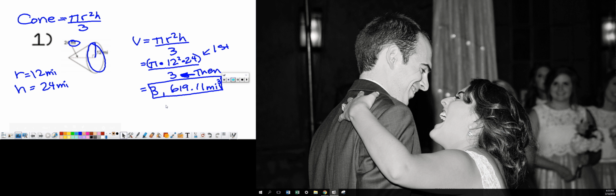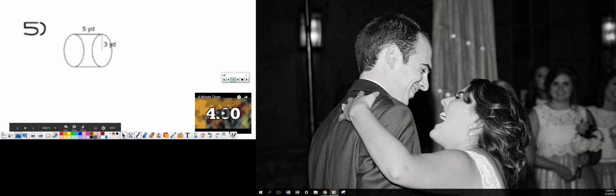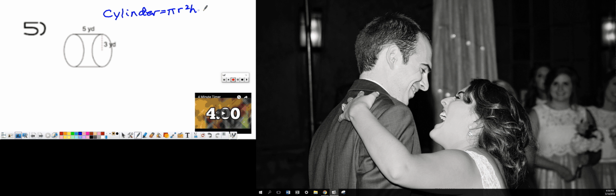Okay? All right, now let's look at a cylinder. So same thing here. We're going to use the cylinder formula. Okay? And the cylinder formula is pi r squared h, not divided by 3 because it's just the full thing. My radius is this guy right here, 3 yards.